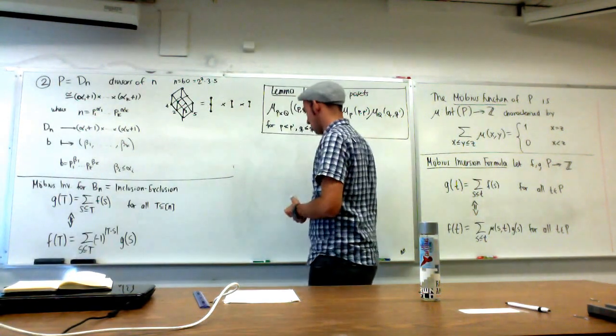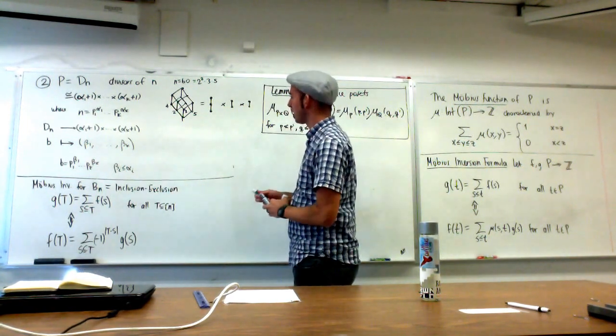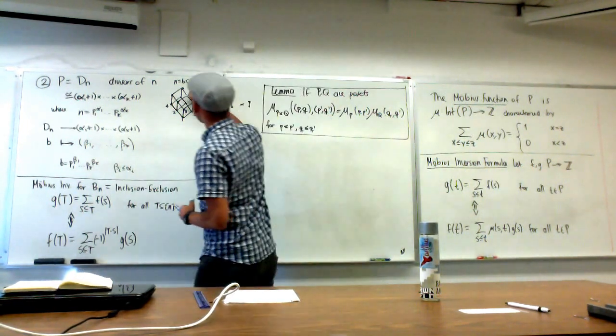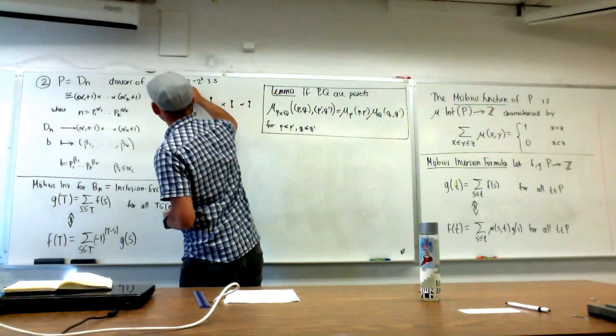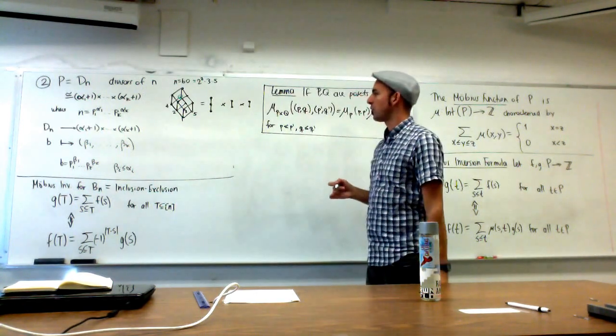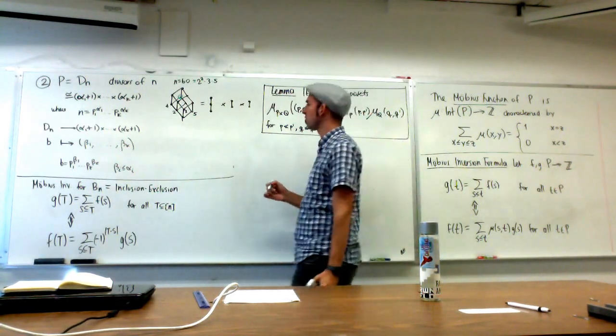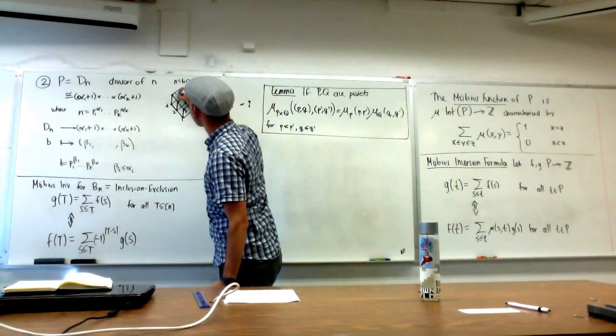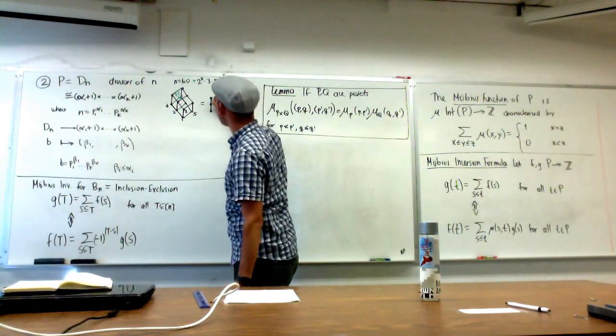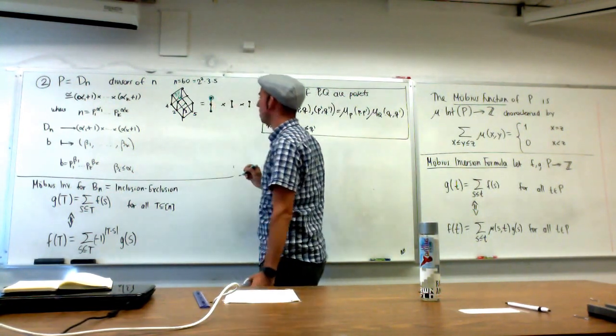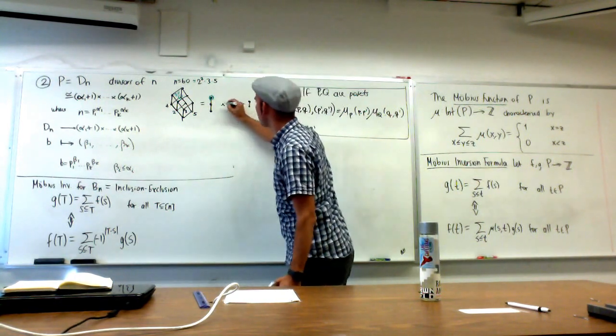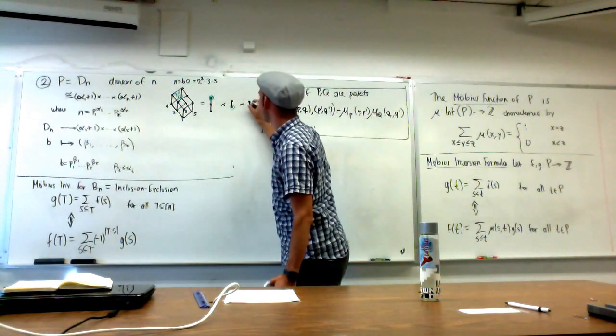So, we could take this one, for example. That's 4 times 5, which is 20. So 20 contains 4. It doesn't contain any 3s. And it contains a 5.